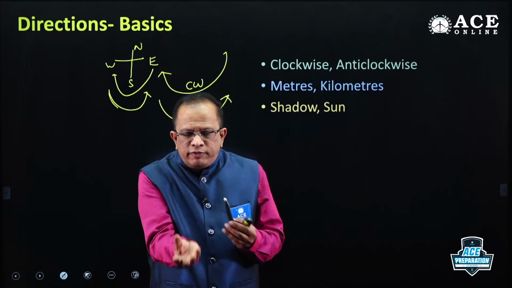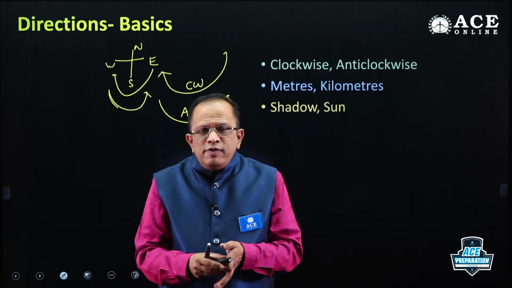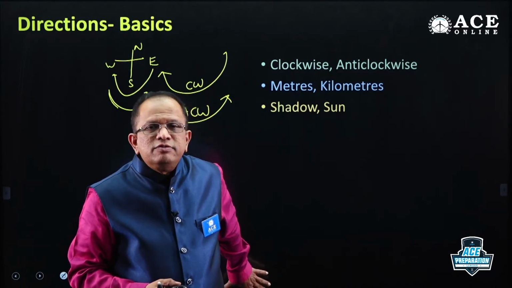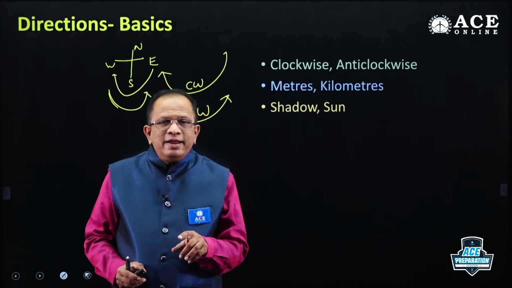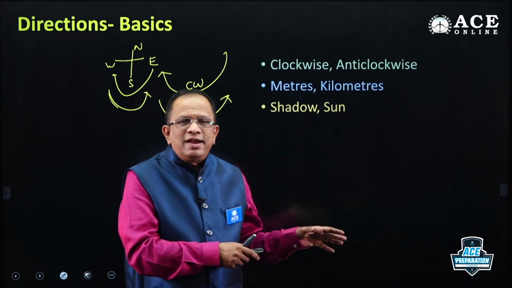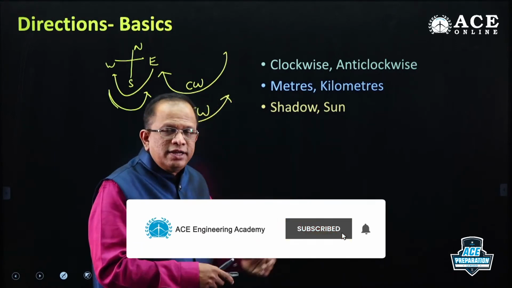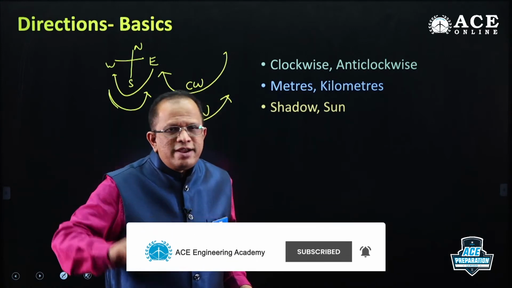When you are facing east, the sun is rising, and your shadow will be cast behind you, that means towards west. Similarly, if you are standing during the setting sun, the sun will be setting in the west and you are facing west, your shadow will be cast on your back towards the east direction.